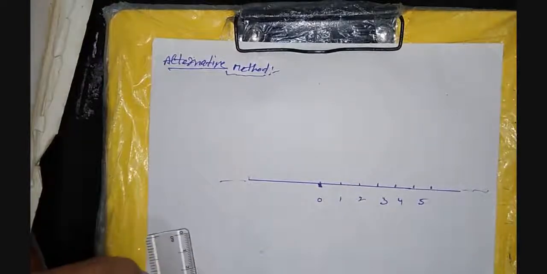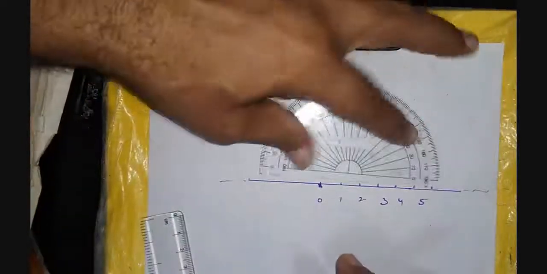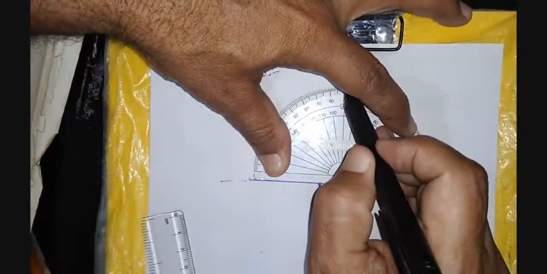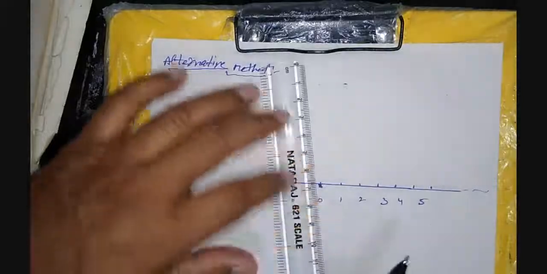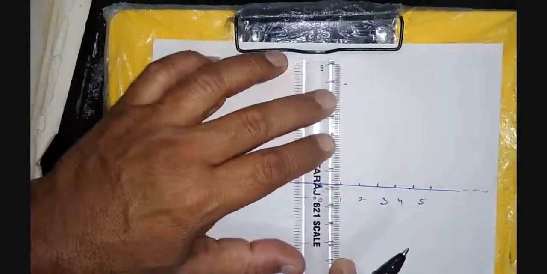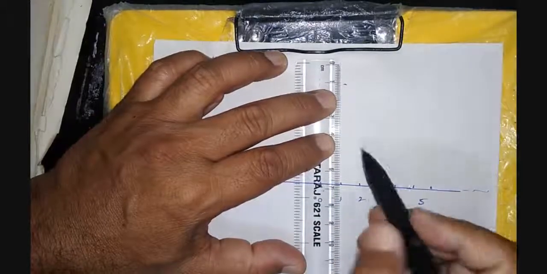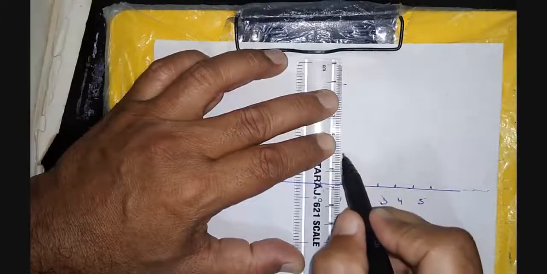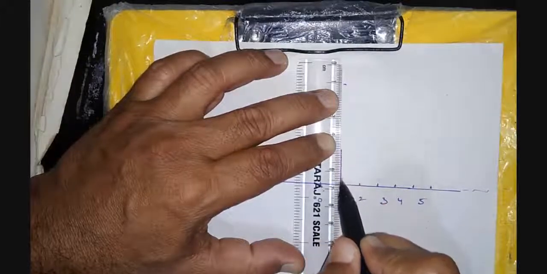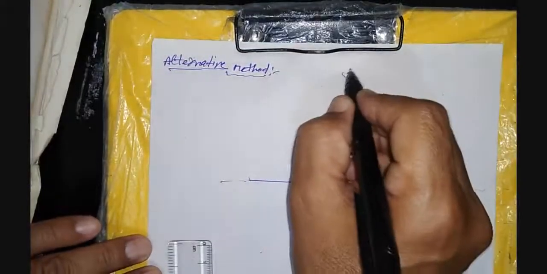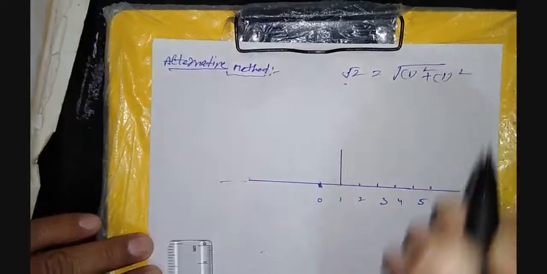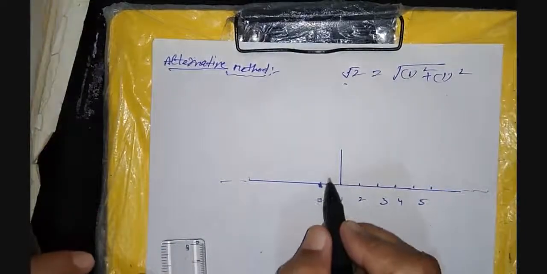Now first draw root 2. The method of drawing root 2 is the same as we have drawn earlier. Root 2 means the square of 1 and the square of another 1.